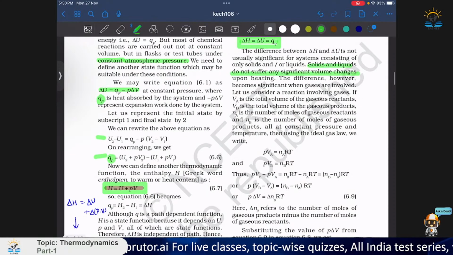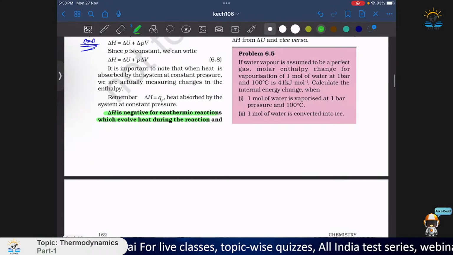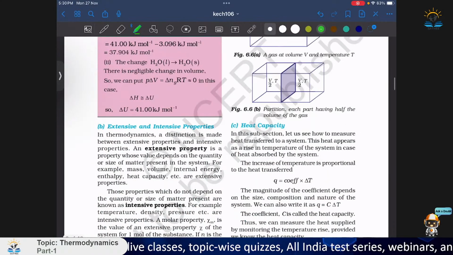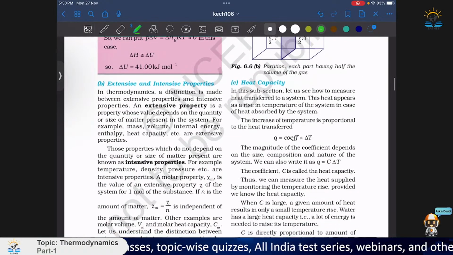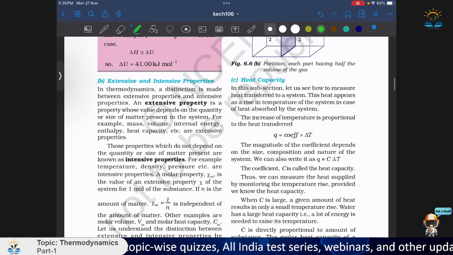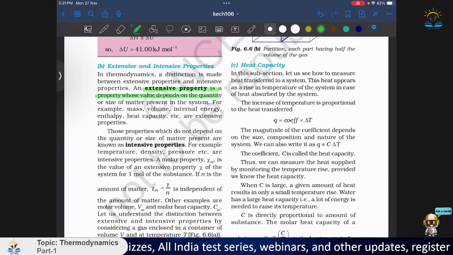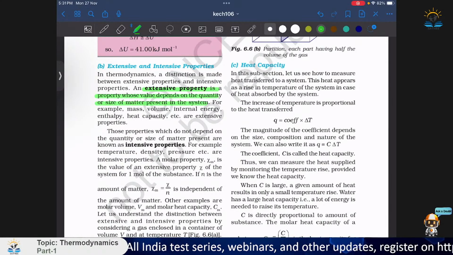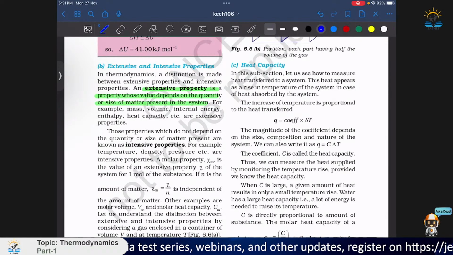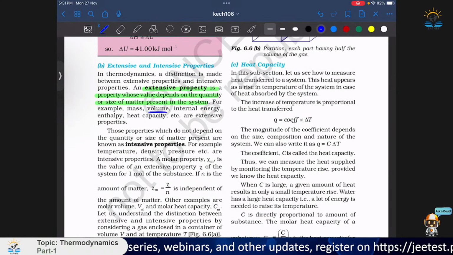Okay, let's move on. We move to extensive and intensive properties. What is an extensive property? An extensive property is one whose value depends on the quantity or size of the matter present in the system. For example, your best examples are volume and mass.